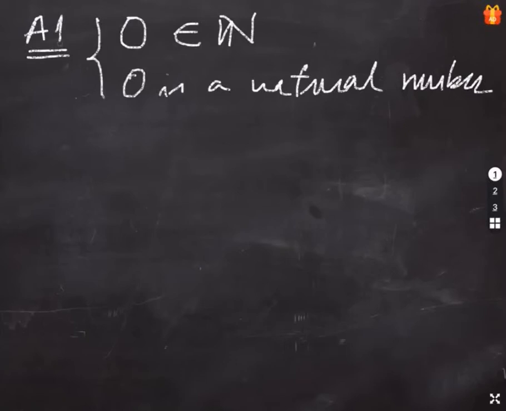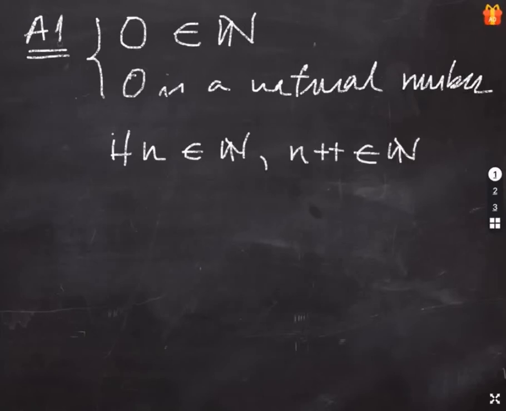What is the second thing? Well, we have implicitly assumed, and since you have not protested, and you cannot protest because this is a recorded video, we have agreed that if n is a natural number, then its successor, n++, is also a natural number.